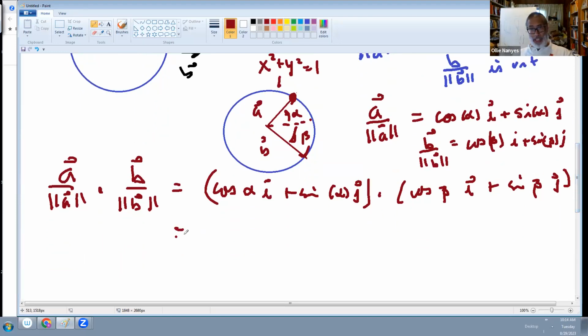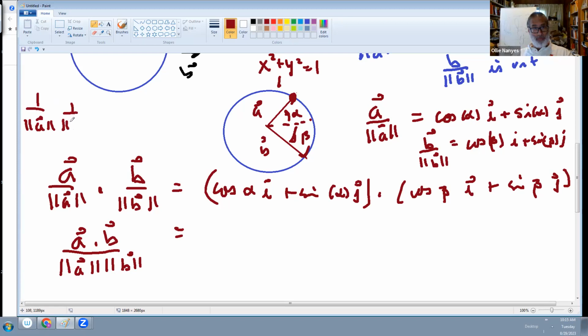And let's look at what we get on this side. This thing right here is A dot B. Since these are scalars, they can come out of the dot product, and then come back as something you divide. This is really what happens. And then we have our A dot B, and that's what this is equal to.